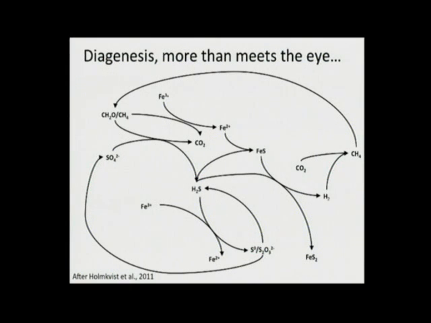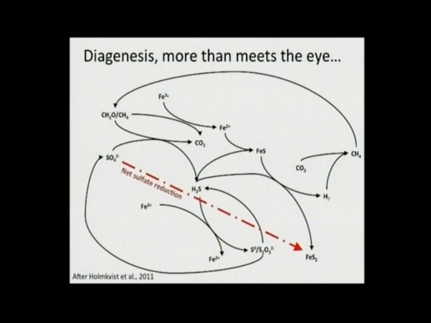Everything that I just told you is very simple, but the real world is much more complex, because we have different interactions between different molecules. I'm not going to go over all of this diagram because I don't want to bore you to death, but here you can see that we have iron reduction and sulfate reduction, and the products are iron 2 and sulfide, and they can combine to FeS and finally to pyrite.